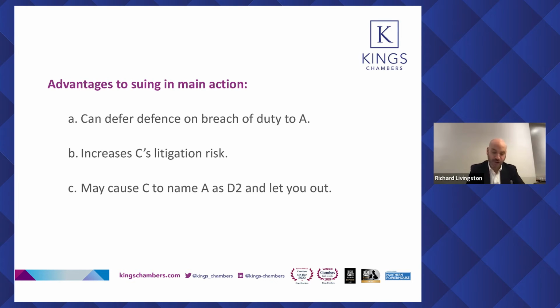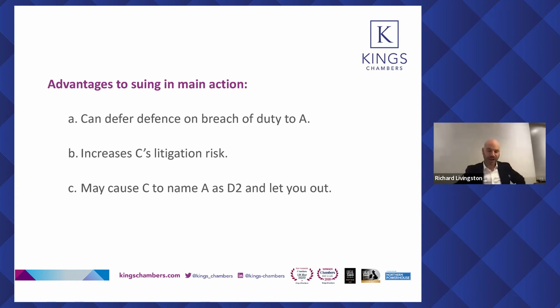If C cannot show non-delegable duty or vicarious liability, the claim against D fails, and C is potentially liable for A's costs in addition, although Quox is likely to apply, on the basis that D would never have sued A if a claim hadn't been brought against them.